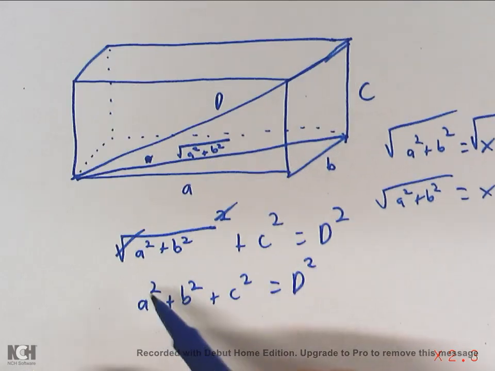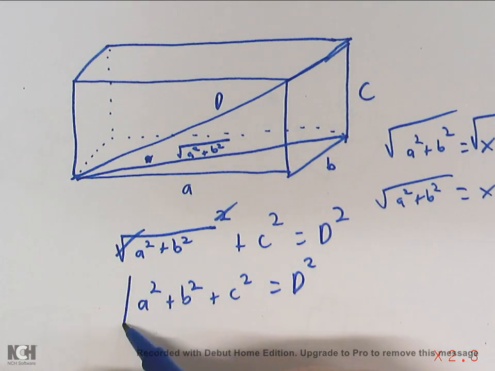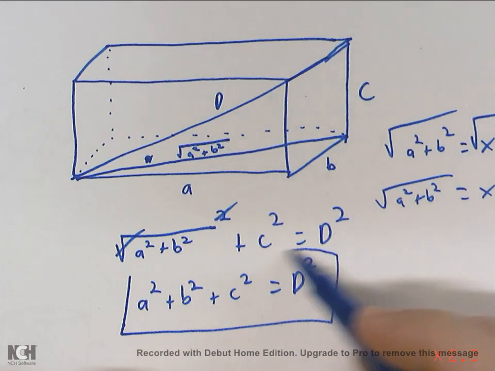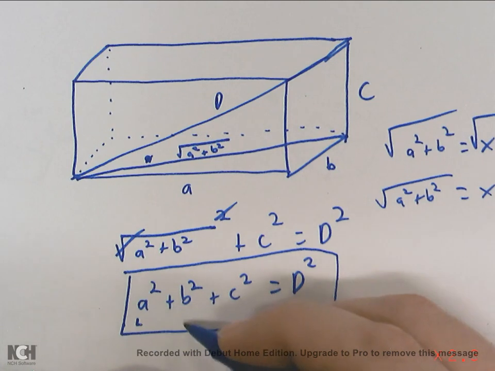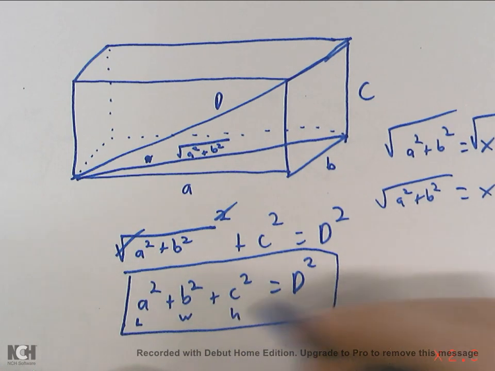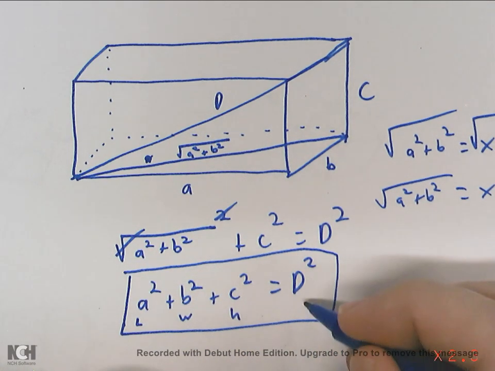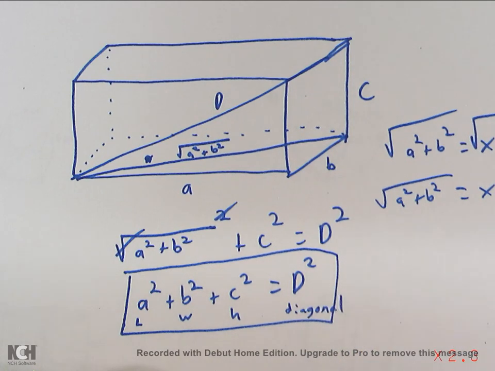And that is my three-dimensional Pythagorean theorem. Basically what that is saying is if I take the length, the width, and the height and square them, add them together, it's going to equal the diagonal squared.